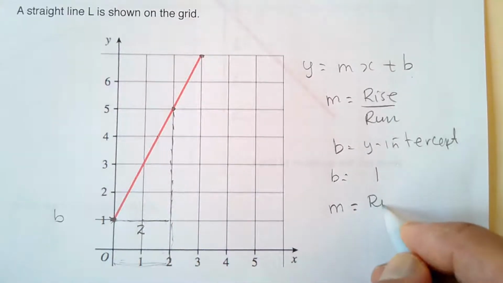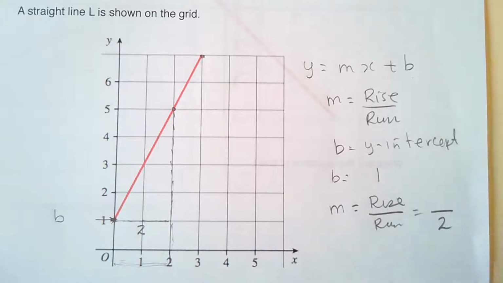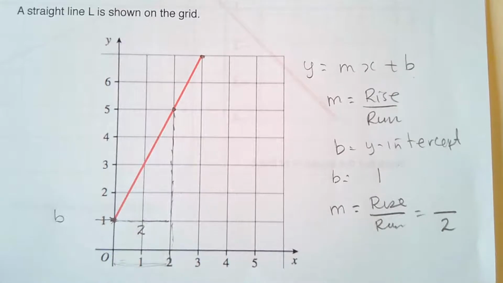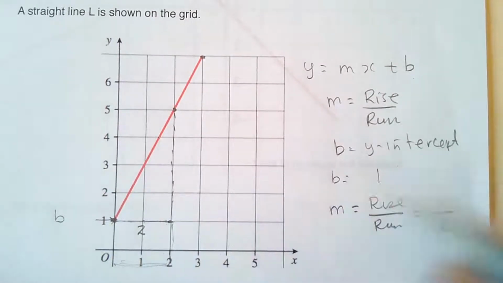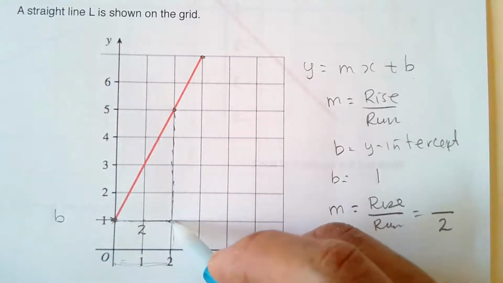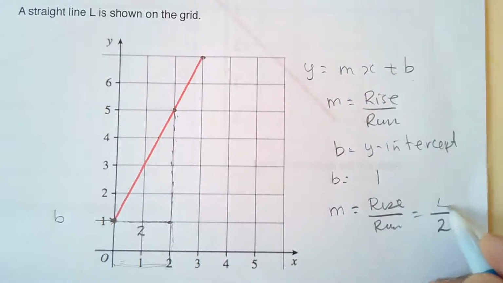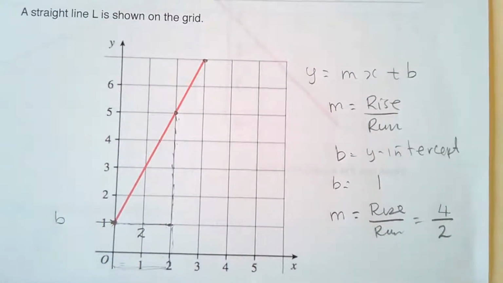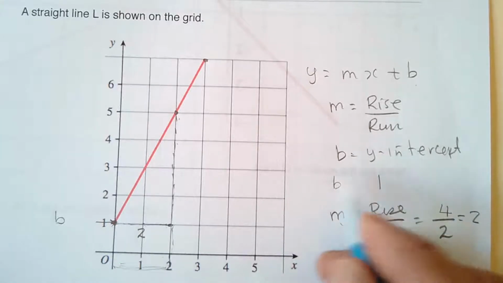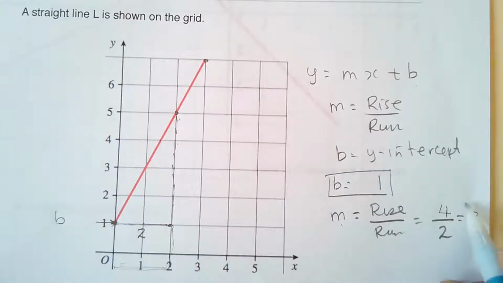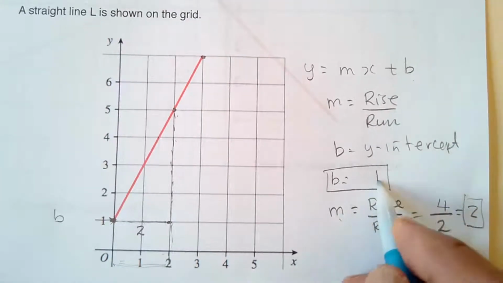So rise over run. We found the run is 2. And then my rise, I count upwards from 1 here: 1, 2, 3, 4, which is equal to 2. So my slope is 2, and my y-intercept is 1.